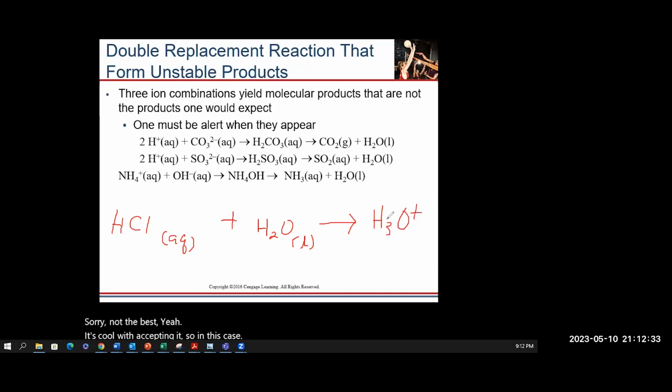So in this case, we end up with the hydronium ion, right? Which is basically how we define an acid, right? That H plus, and we end up with Cl minus.